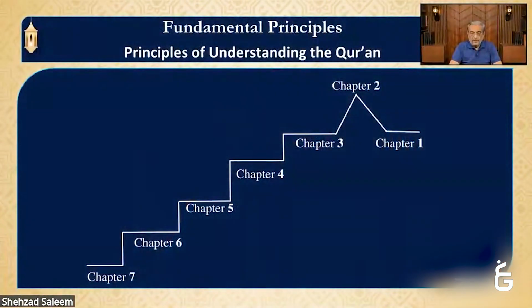You can see this small illustration depicting how the chapters reach their culmination on chapter number 2. So in chapter number 1, you'll find the people of the book being addressed, and from chapters number 7, 6, 5, 3, and 2, basically the addressees are the idolaters of Bani Ismail.